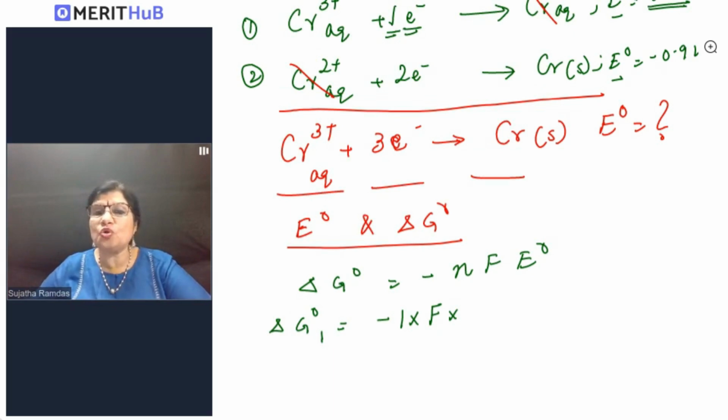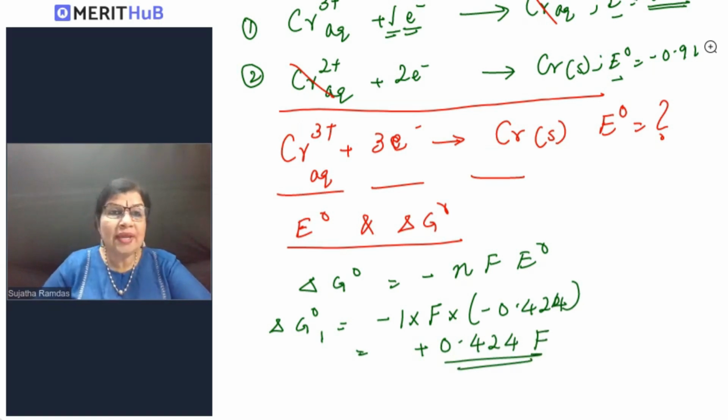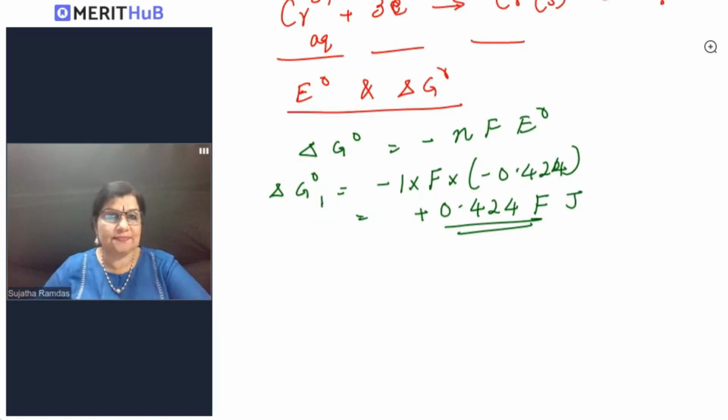Minus 0.424 volt, and that is equal to plus 0.424F joules. When E naught is in volt and Faraday is in coulomb, the final answer would be in joules. Delta G naught will be in terms of joules.